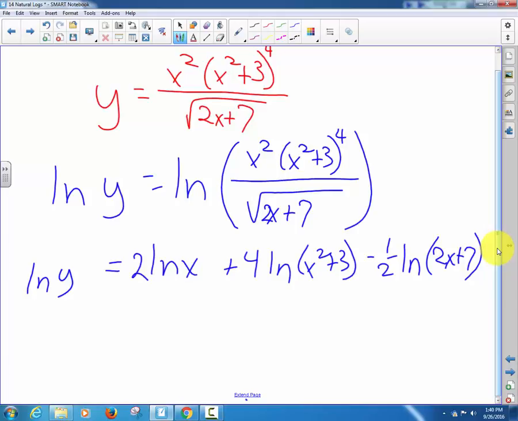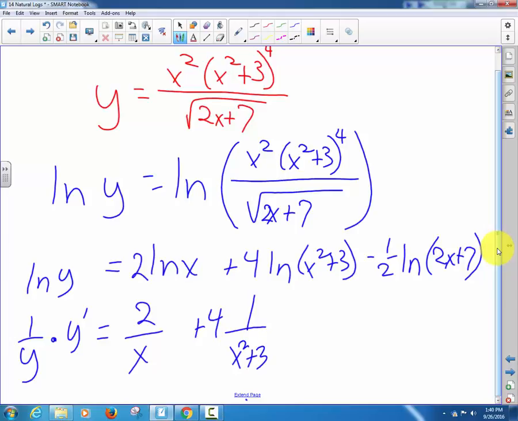Almost. Very good. 1 over the argument, 1 over y, times y prime. That makes sense? And then the derivative of 2 ln of x is 2 over x plus 4 times 1 over x squared plus 3 times 2x minus 1/2 times 1 over 2x plus 7 times 2.